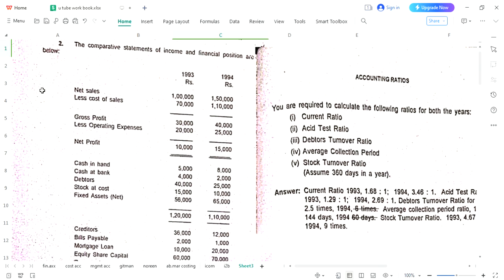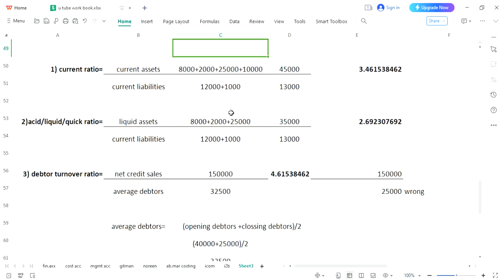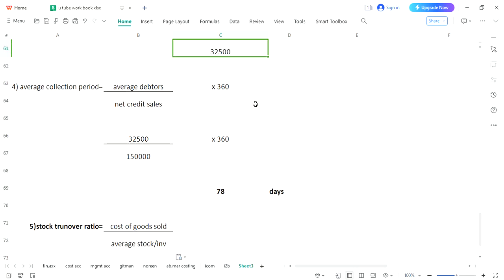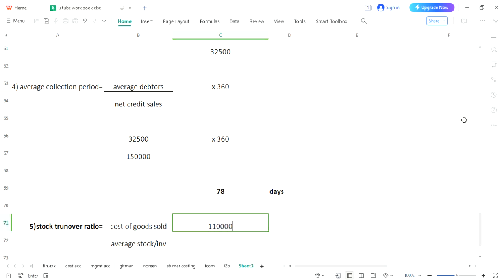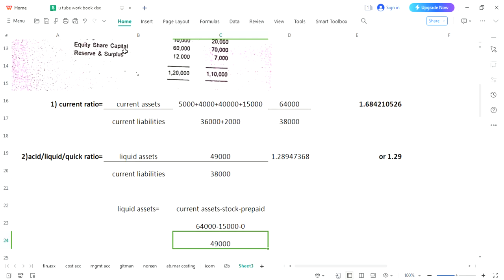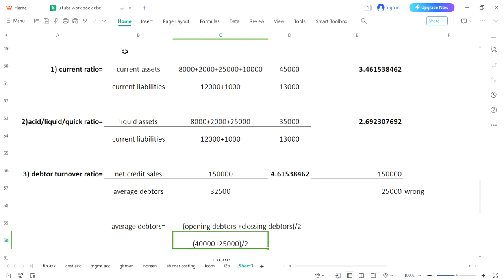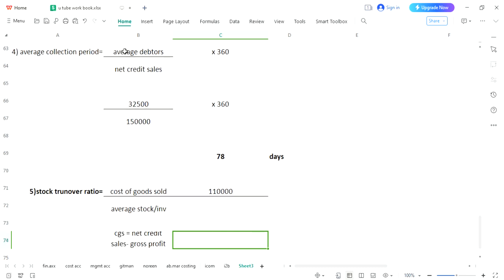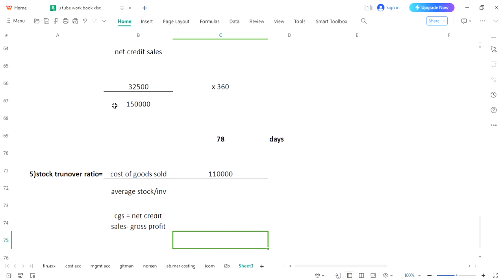For the second year, look here, cost of sale is given as 1,10,000, and we will put 1,10,000 over here. Then you need to divide it by average stock. So again, average is needed, and here you will come to know how to calculate the average.